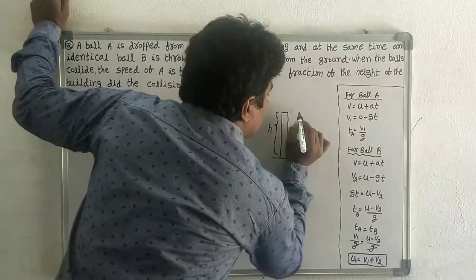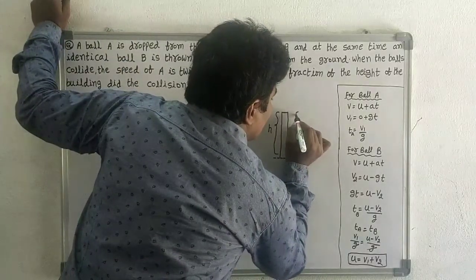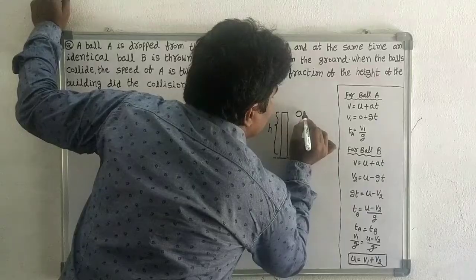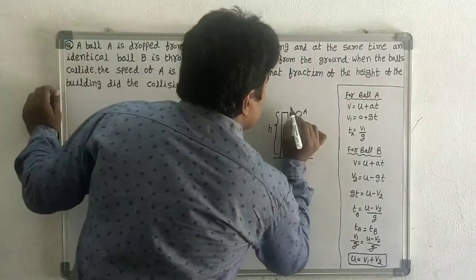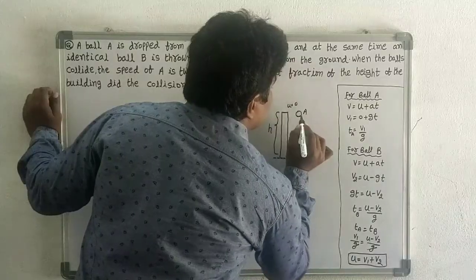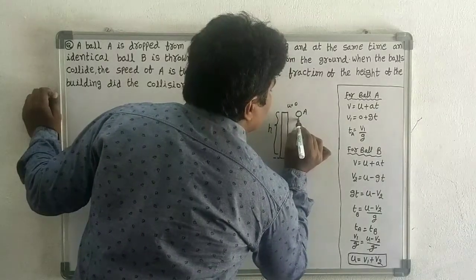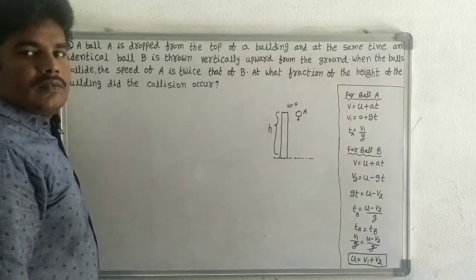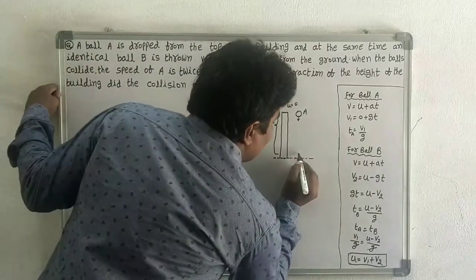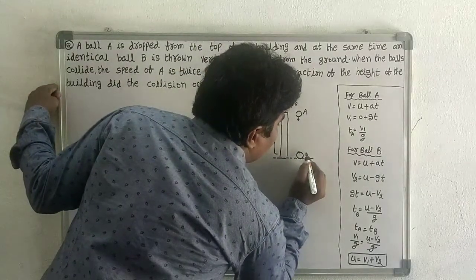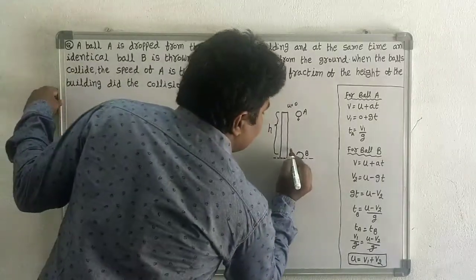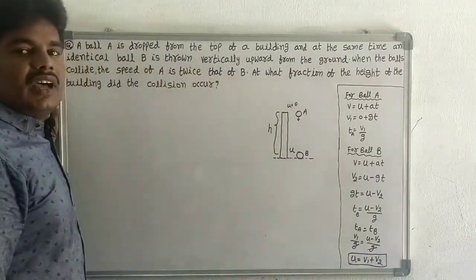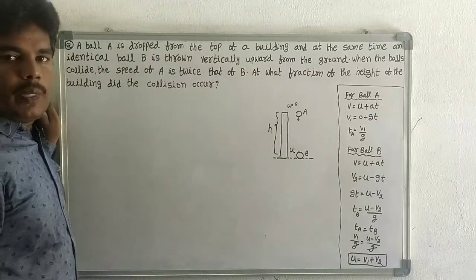From the top of the building, ball A is dropped, so its initial velocity becomes 0. At the same time, an identical ball B is thrown vertically upwards with initial velocity u.